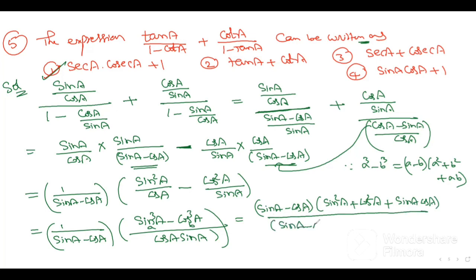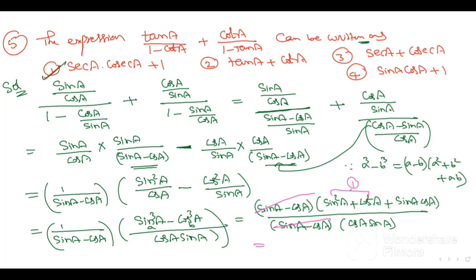(Sin A minus cos A) into cos A into sin A. Here, one (sin A minus cos A) value gets cancelled. Sin square A plus cos square A placement 1. Okay, here 1 by sin A cos A.